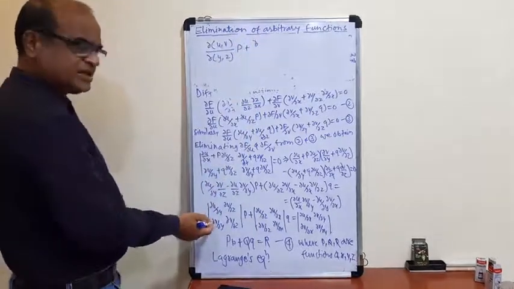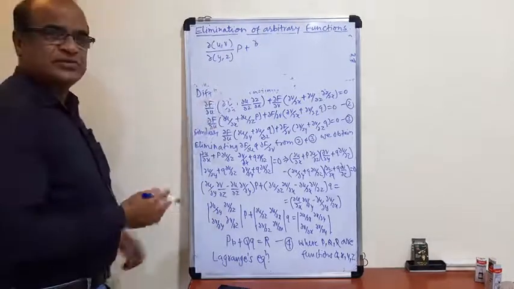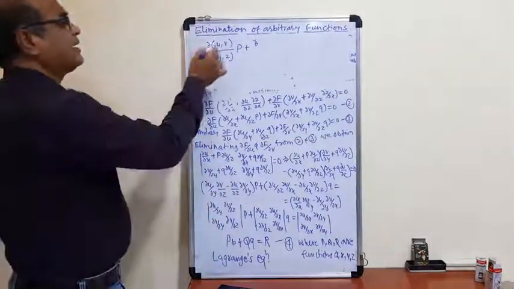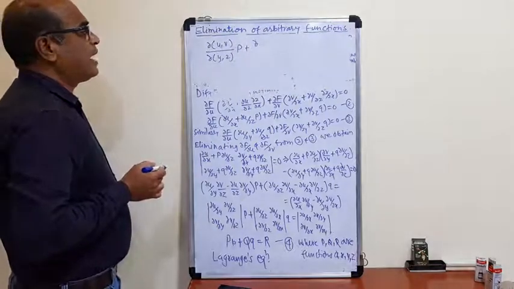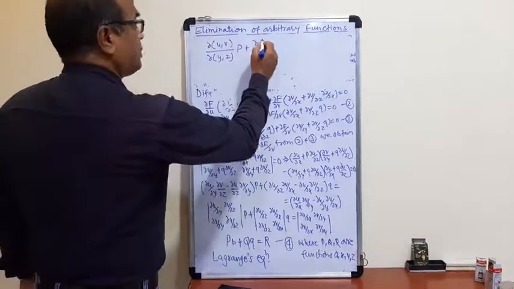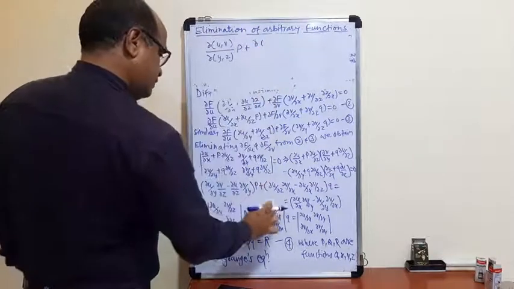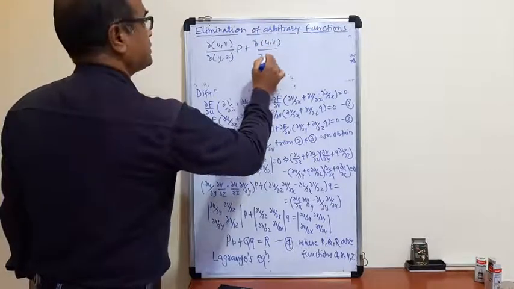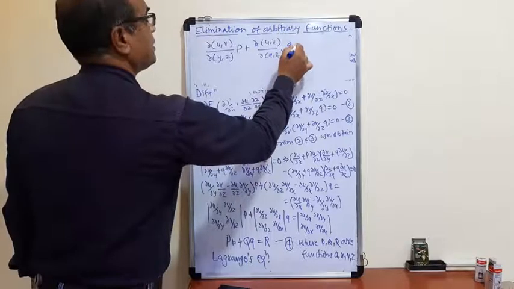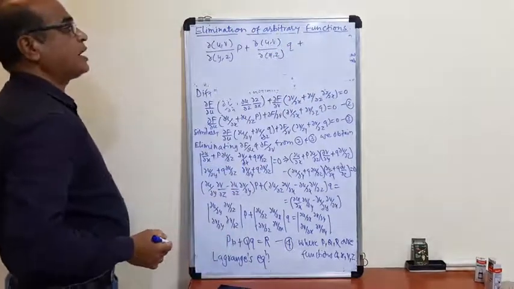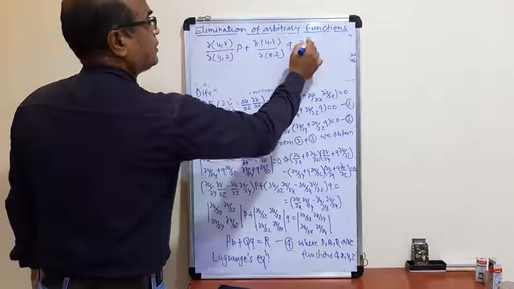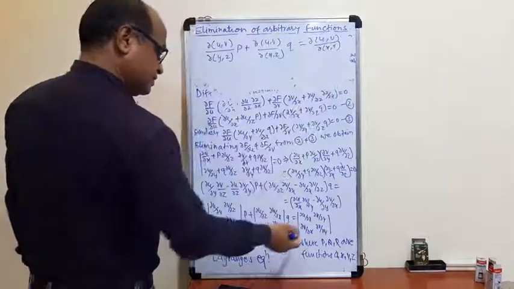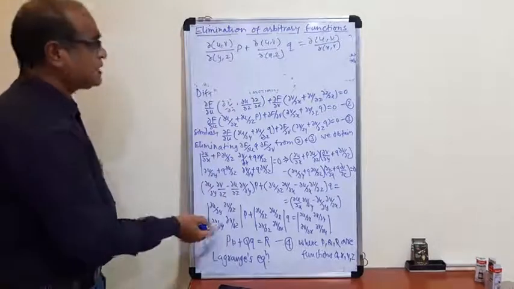This is just the notation for the Jacobian of u, v with respect to y, z.